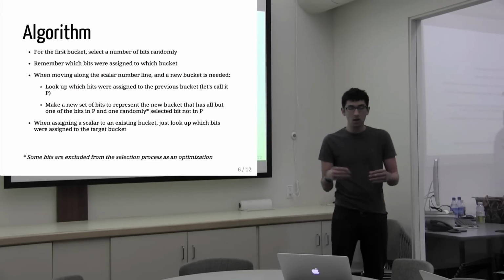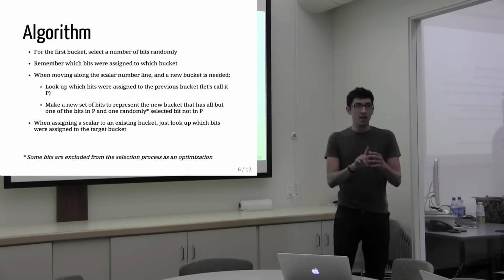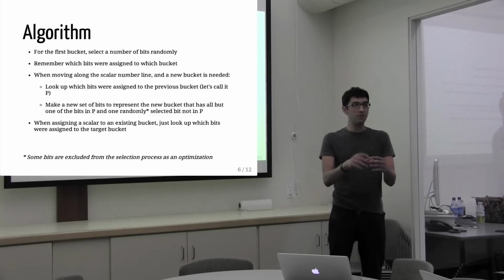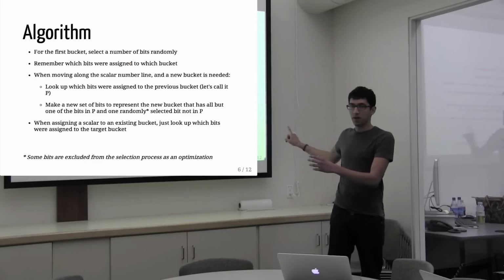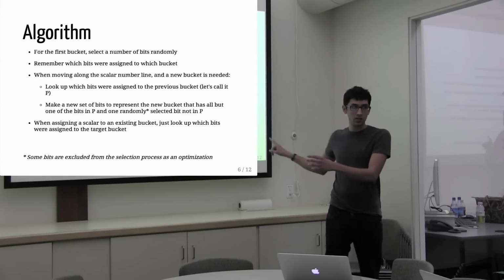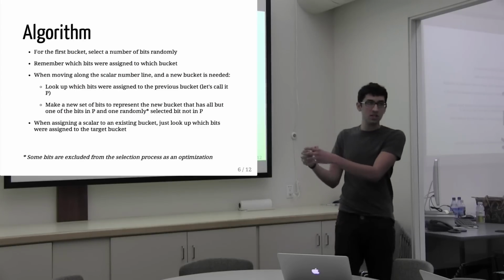That's centered around 0. Now, let's say we want to represent the value 10. We have to move from the bucket that we have towards the right on the number line, and as we move, we need to generate buckets, because we don't have bits representing buckets in between. We only have bits representing the first bucket, which is at 0.